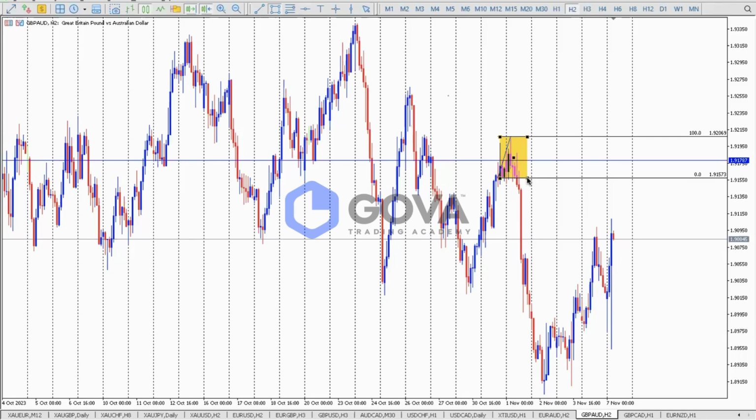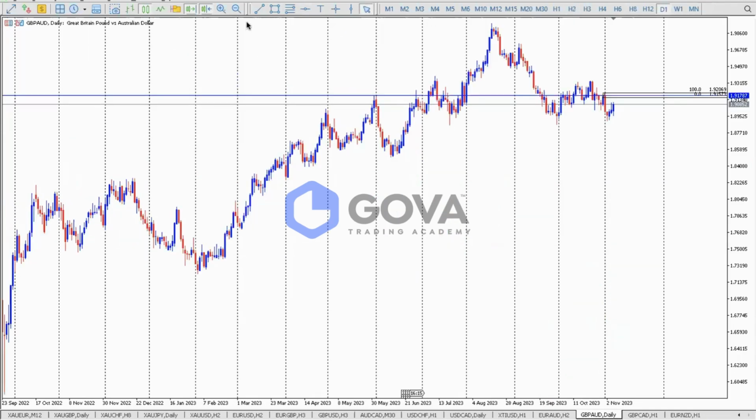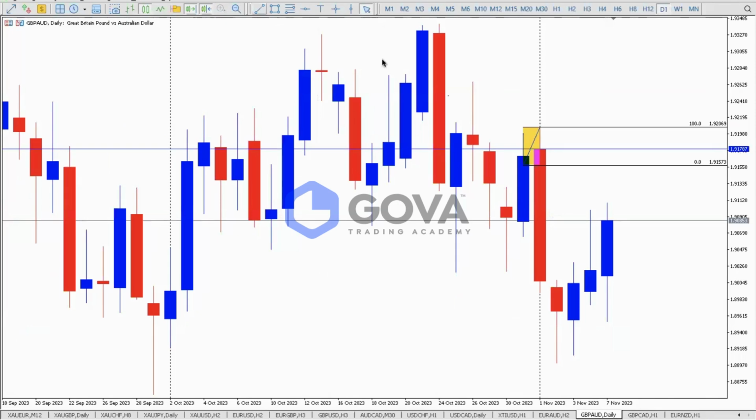Switch back to the D1 time frame to see where the zone is.